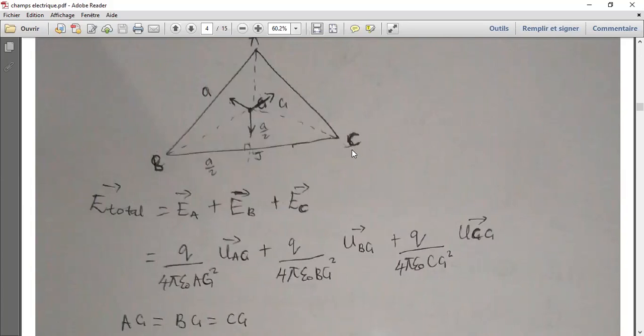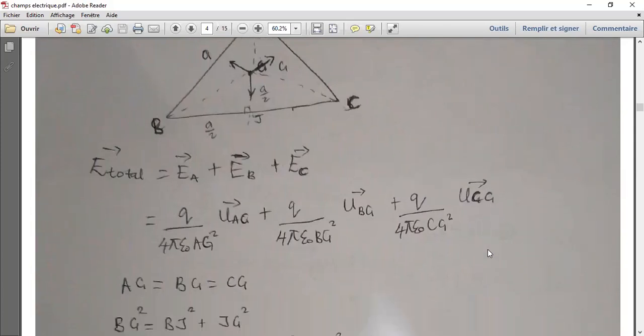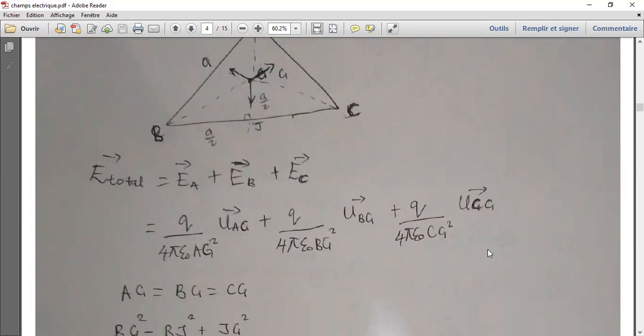CG is the distance between C and G, then vector UCG. So you have written your formula. When you come to electricity, you have to be familiar with this, because it's all about practicing. If you practice, you know how to go about this.